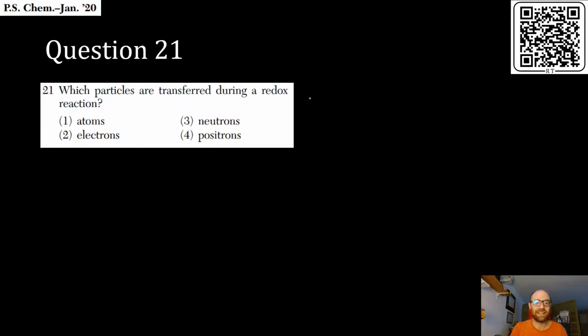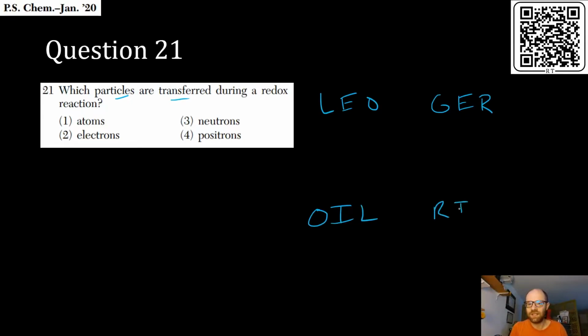Ooh, redox reactions. Okay, so there we're getting an idea for the order of things. Redox reactions, which particles get transferred? So there are 2 big acronyms that students use to remember what's going on in an oxidation reduction, or redox, reaction. The first is LEO and GER. LEO the lion says GER.